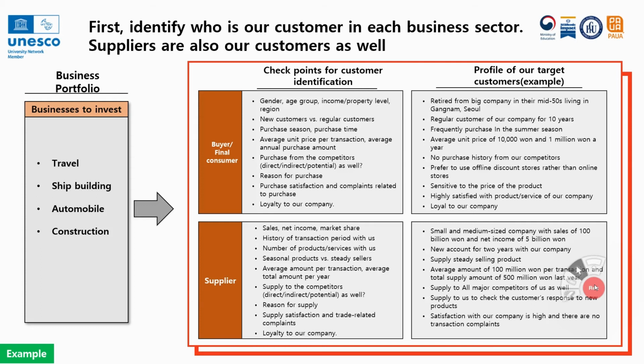So typically, the price of the products to fulfill our basic needs is very cheap, or the customers are very sensitive to the price of the goods to fulfill the needs.